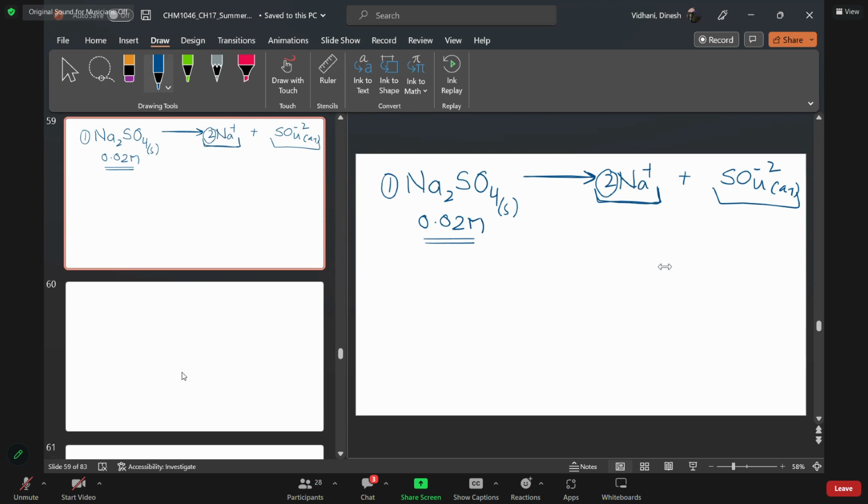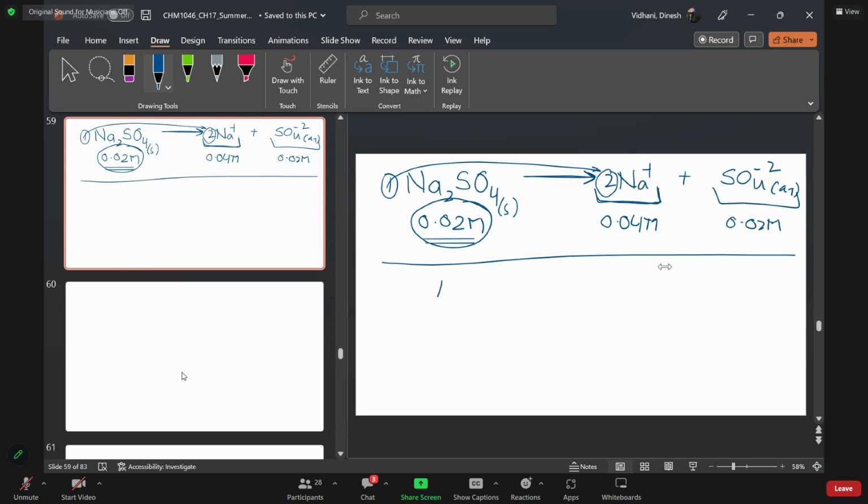One sodium sulfate splits into 2 sodium ions and 1 sulfate ion. So if I start with 0.02, I should have 0.04 molar sodium ions and 0.02 molar sulfate ions. So now I know how much sulfate ions are actually there in the solution, which is good for me.